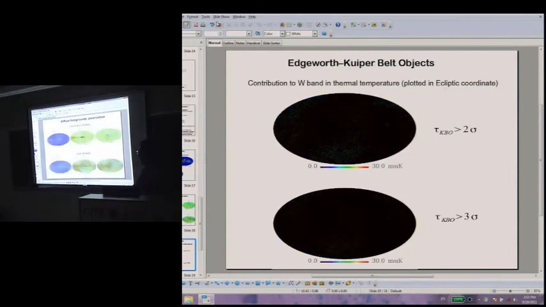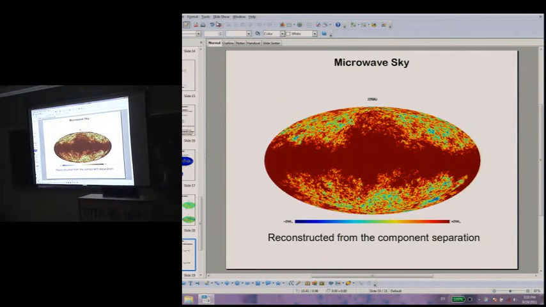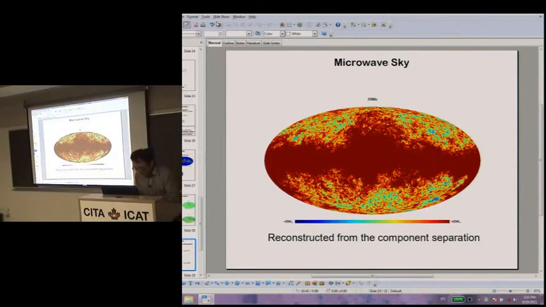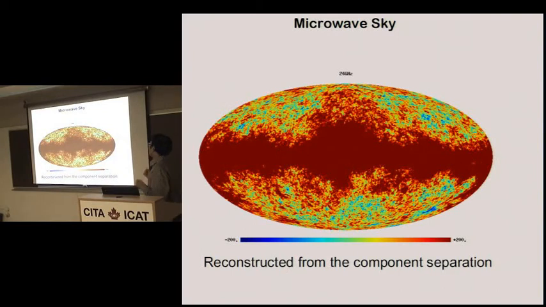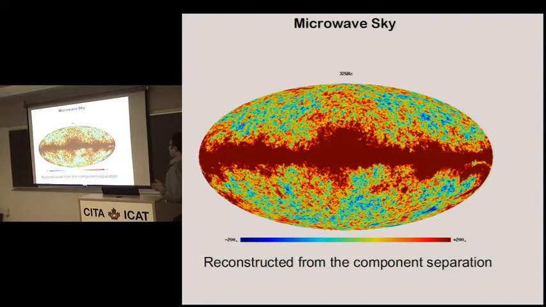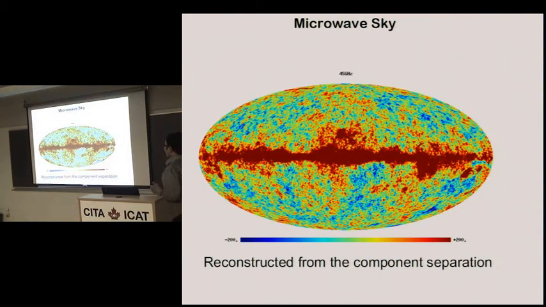And now we did some sanity checks, to make sure I didn't make any mistake in our coding. I reconstructed the microwave sky for various frequencies between K-band and W-band, using the component separation result, and it seems like it makes sense.